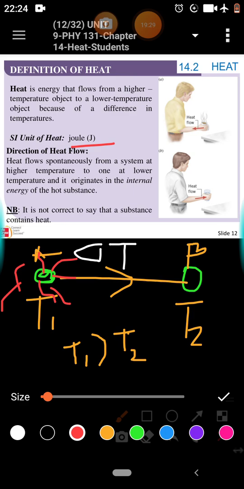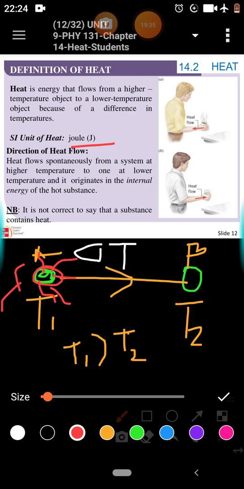So due to the high internal energy of object A, it will then transfer its heat energy to another system, which is B.